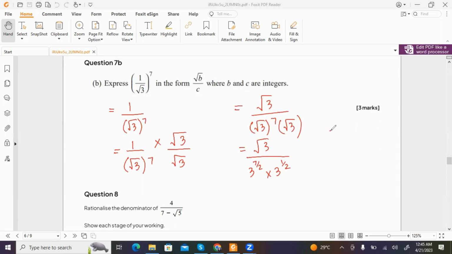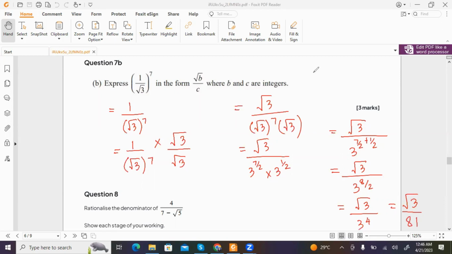So if we combine this, that's going to give us 3 to the power of 7 over 2 plus 1 over 2. Once again, rules of indices: if similar bases are being multiplied, we add the powers. That's going to be 3 to the power of 8 over 2, which is 3 to the power of 4. And 3 to the power of 4 is 81. So b is 3, c is 81.